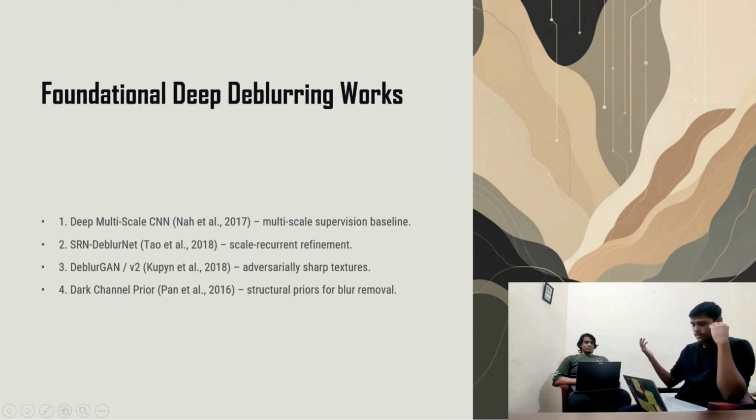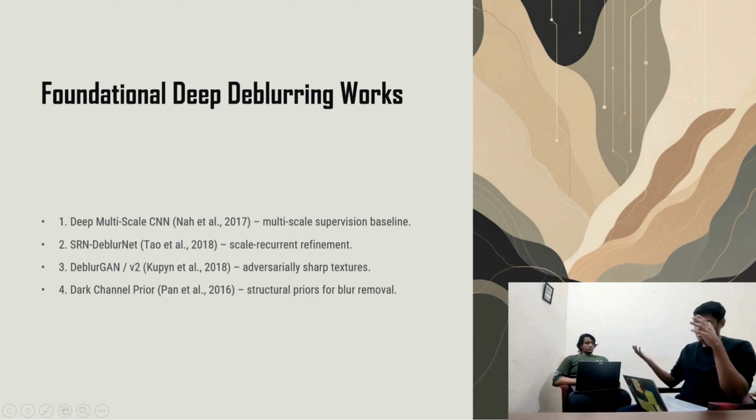It sets a strong baseline for end-to-end single image deblurring and provides multi-scale supervision. To put it in simple terms, it fixes blurry images in steps from big picture to small details, and by doing that, the results get much sharper over time.